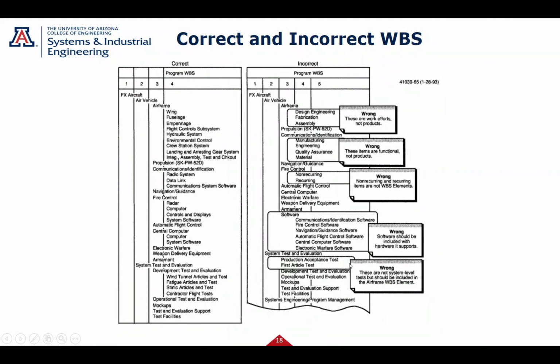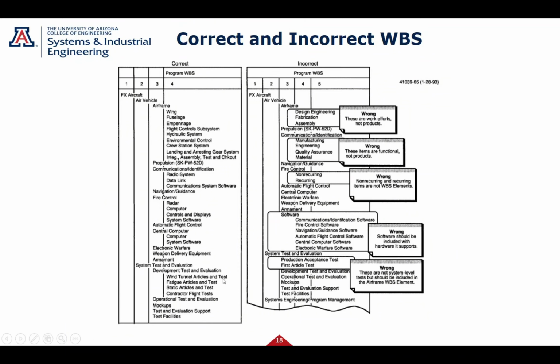System test and evaluation. Production acceptance test, first article test. Again, you should probably have those in the product. Okay, so production acceptance tests. Let's take the communications. I want to have the test for the comm in there. I want to have the test for fire control in there.